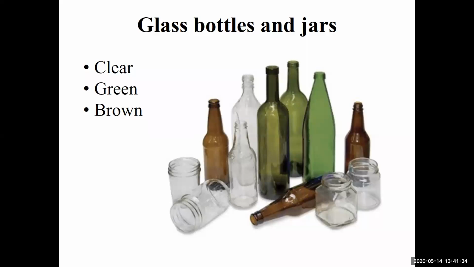Typically, these are items that should not be placed in the recycling bin. Most glass recycling facilities only accept glass in the form of glass bottles and jars. In many of our households, we can find glass bottles and jars containing things such as oils, sauces, marinades, or even wine and beer.